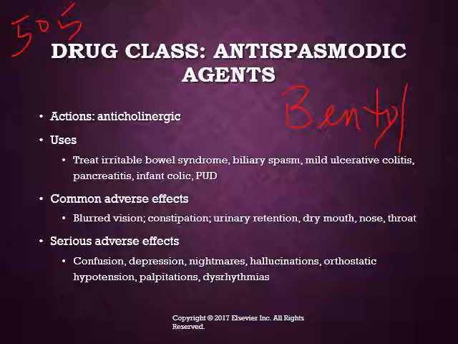This means we're inhibiting GI motility, we're inhibiting GI secretions. So think about irritable bowel syndrome. The bowel is irritated, it's overactive, so we want to reduce that. So by administering an antispasmodic or anticholinergic Bentyl, we are decreasing the GI motility and the GI secretions and the overactivity.